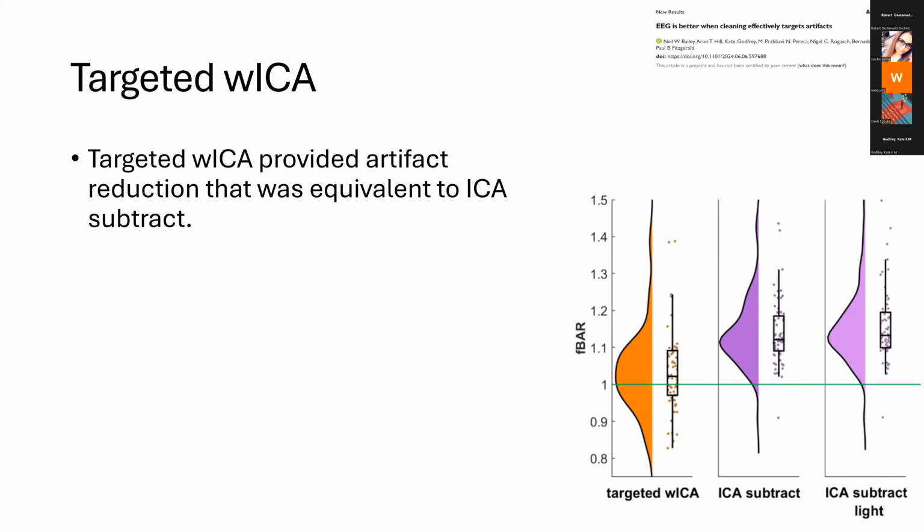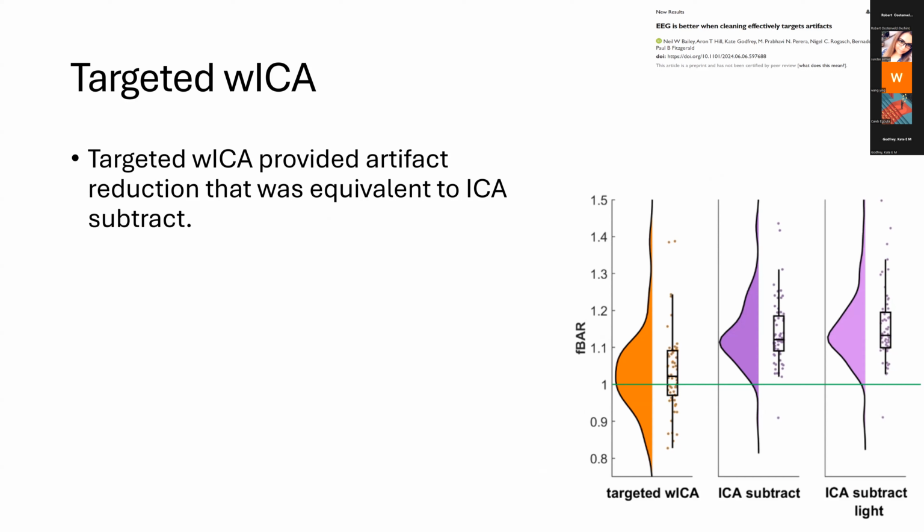So on the right there, we've got a figure that's looking at the blink amplitude ratio. That's a measure that measures the size of the absolute blink amplitude and compares it to the non-blink periods after cleaning. And so what you want is a ratio of your blink to non-blink periods of 1, and that would indicate that the blink has been effectively cleaned.